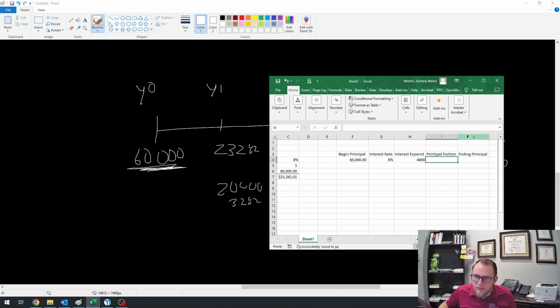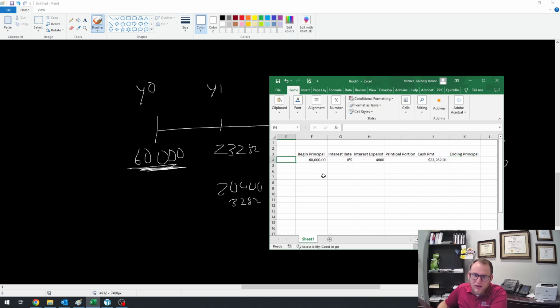Let's also insert a line here and call this cash payment. So we know that our cash payment in year one, this is going to be year 1, year 2, year 3, is going to be $23,282. We calculate our interest expense in this first year of $4,800. So the principal portion of that is just going to be the difference between our total cash paid and the interest expense on the loan.